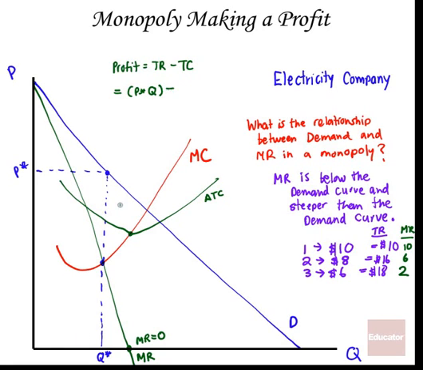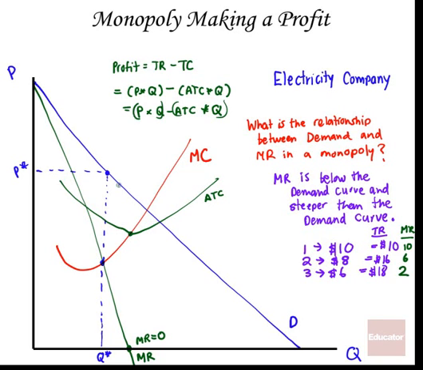And you subtract the total cost. And what is the total cost? It is the ATC times the quantity. So if you actually work this out, it's price times quantity minus ATC times the quantity again.